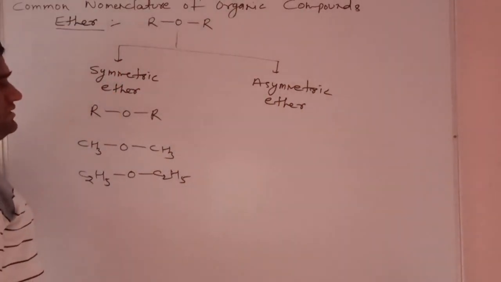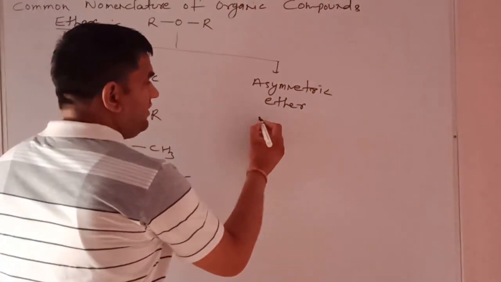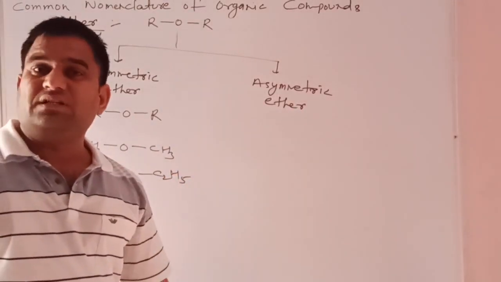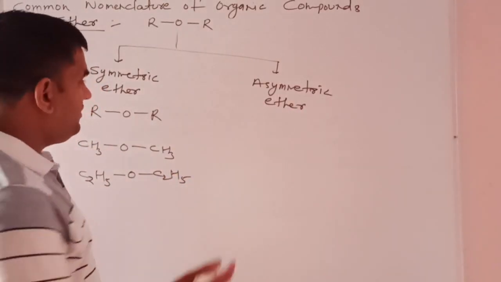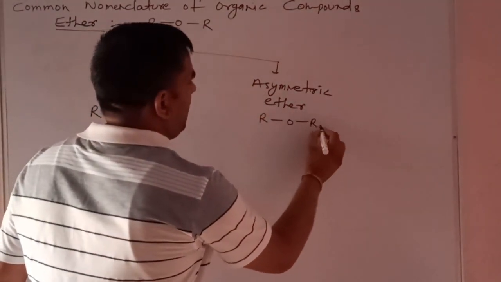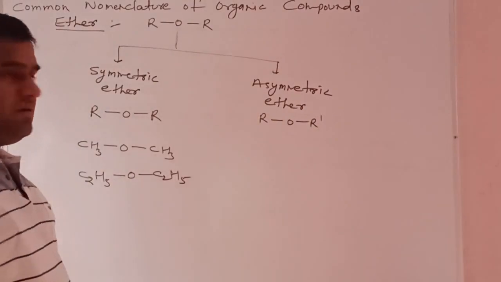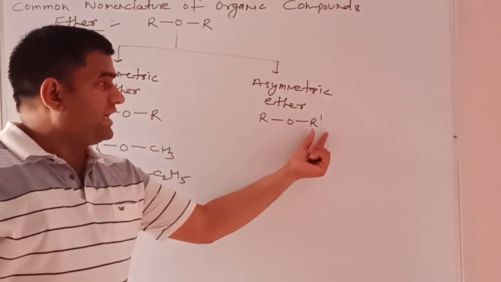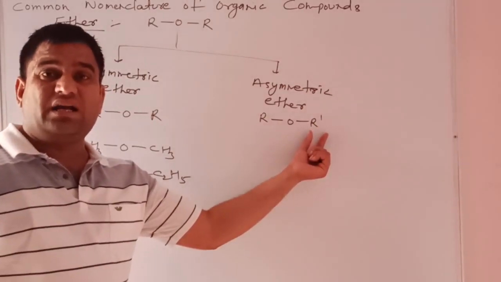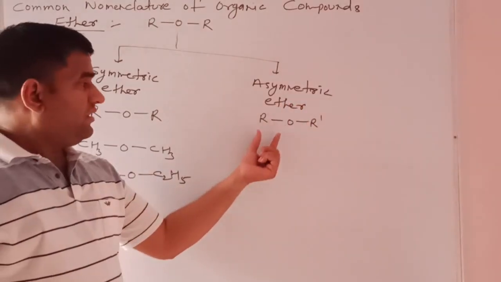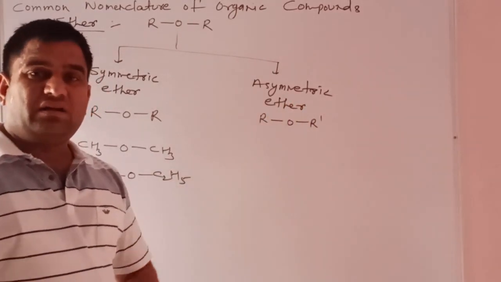The second condition is asymmetric ether. In asymmetric ether both hydrocarbon chains are different. For example, ROR'. The first hydrocarbon chain is R and the second hydrocarbon chain is R'. So in asymmetric ether both hydrocarbon chains are different.